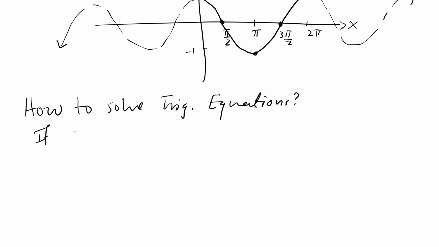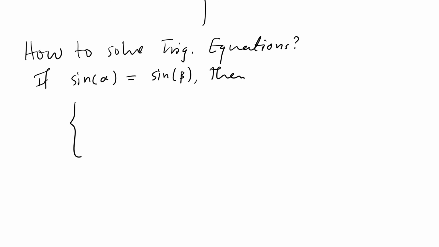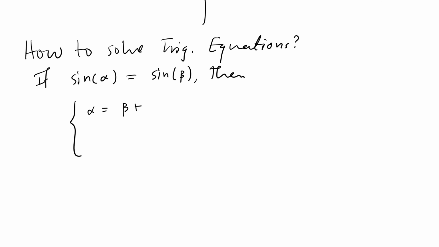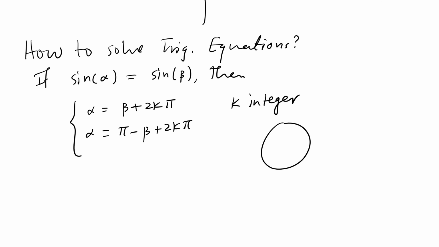If, let's say, we have sine alpha equals sine beta, then the formula to help you solve these equations: alpha equals beta plus 2k pi, or alpha equals pi minus beta plus 2k pi, k integer. That tells us solutions for sine fall in the first quadrant, let's say beta, and the second quadrant, pi minus beta, always.